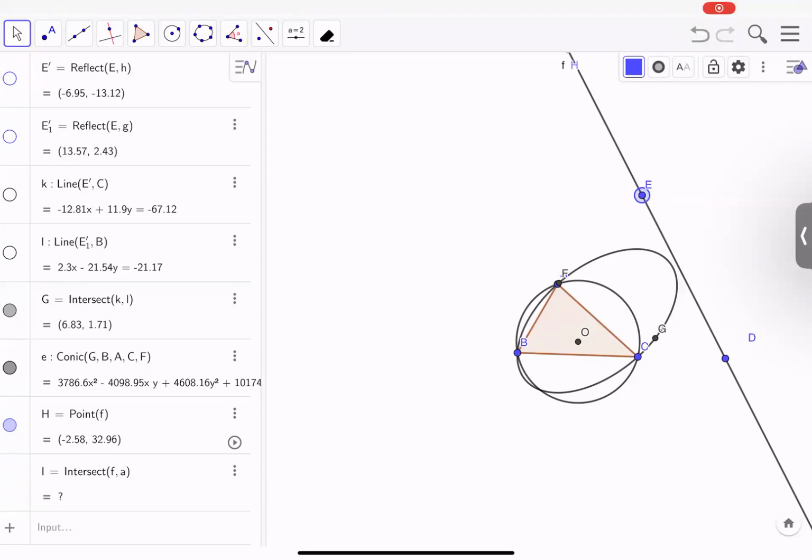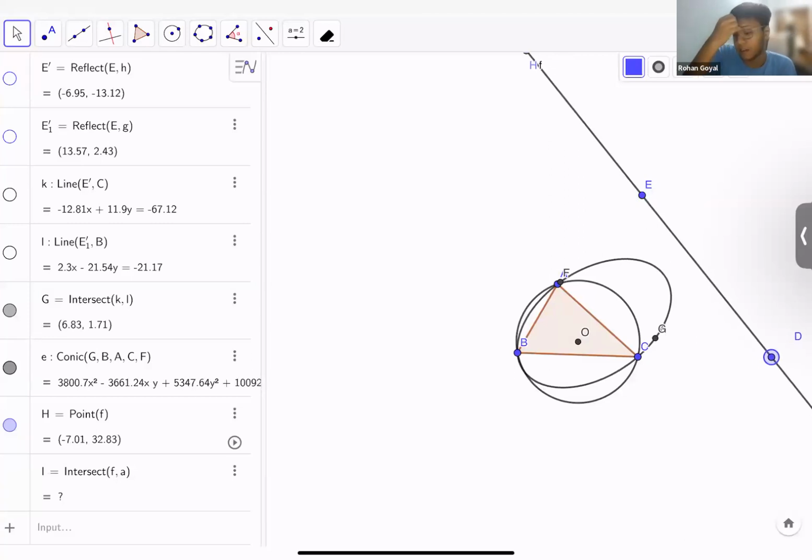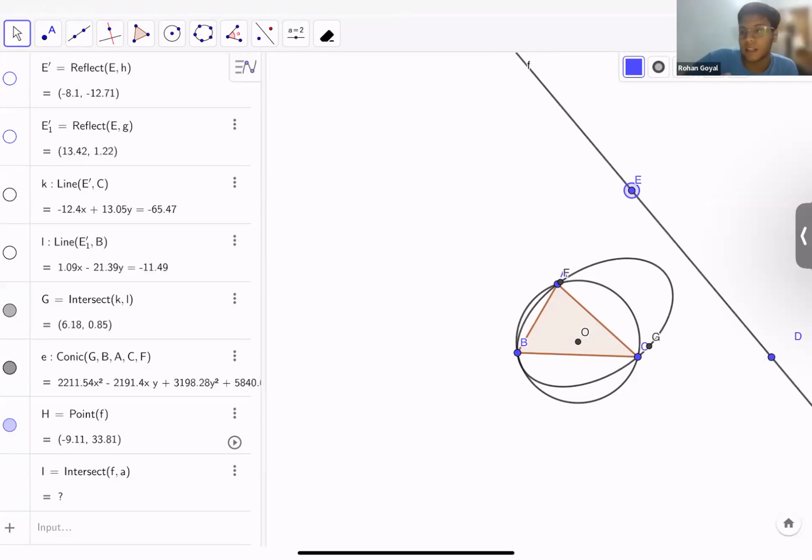Okay, yes. What if we take this line D to be parallel to one of the sides of the triangle? Then what should happen? You tell me. Does that change anything? Because parallelness does not mean anything in the projective world, right? When we were defining the conic in the first place, we took its intersection with AB and then BC and then AC respectively, and found that ABC all lie on this locus.